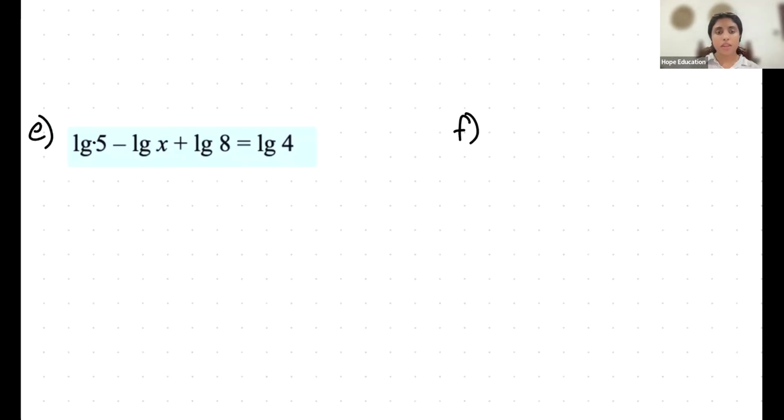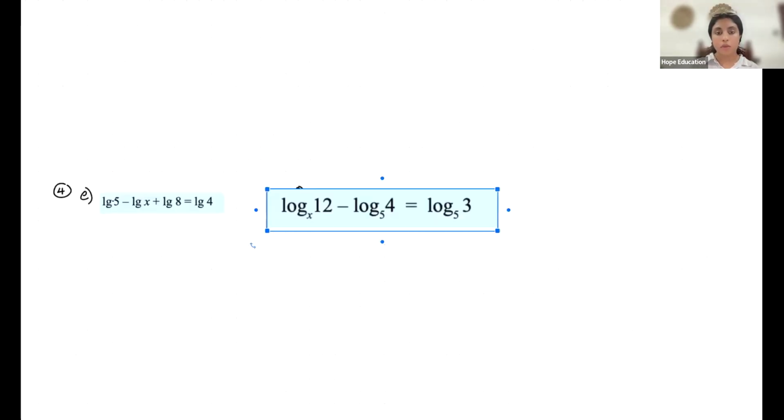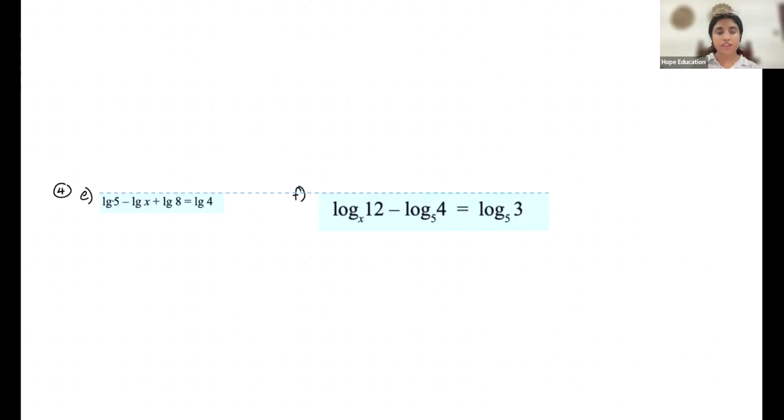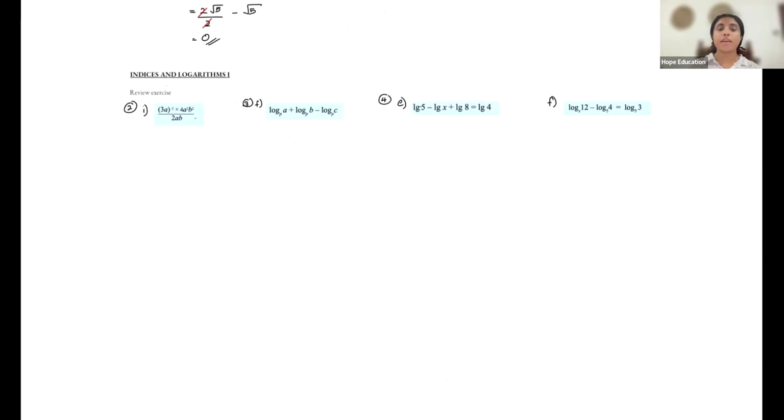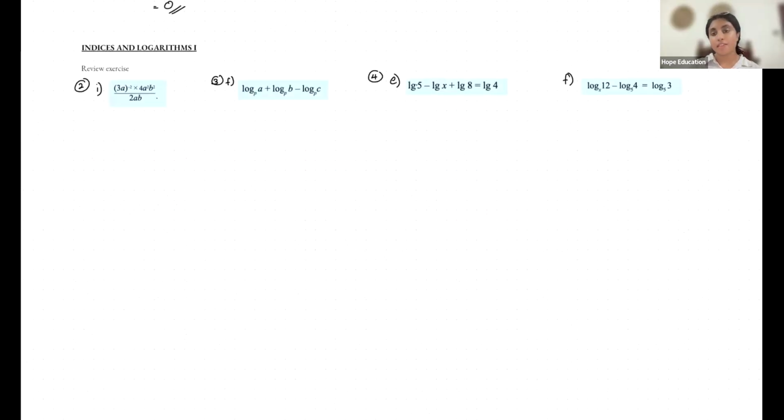From your end also you can move the whiteboard, right? So you can check out all the questions. Second one I, third one F, fourth one E and F. Okay, make it fast, quickly.